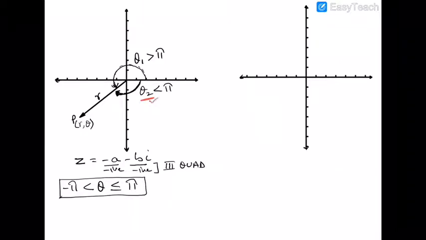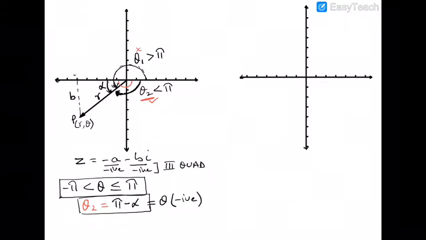So we will consider theta 2 here, not theta 1, and to find theta 2, let this line segment make angle alpha with the negative real axis. Then theta 2 will be pi minus alpha, where theta will be negative because of the clockwise direction, and alpha can be found out by alpha = tan inverse b over a.